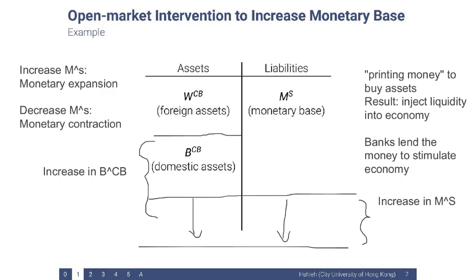So when they print, so-called print money, what happens to the liability side? It has to increase. Yes, it has to go up. And when they make the purchase, then the asset side of its balance sheet also has to go up as well. So in this case, BCB has increased, let's just say increased to here, and also monetary base increased.